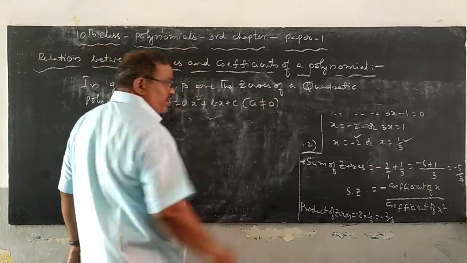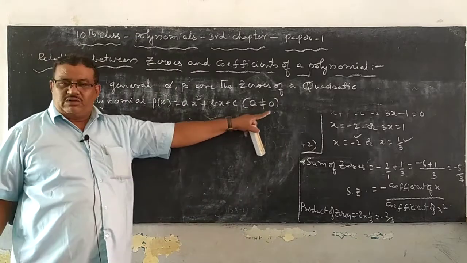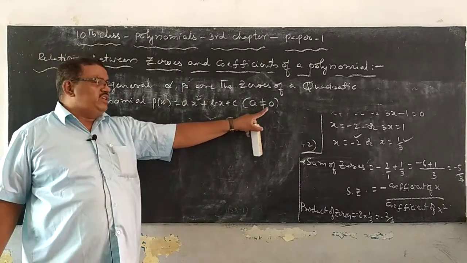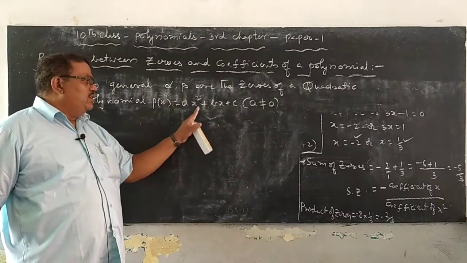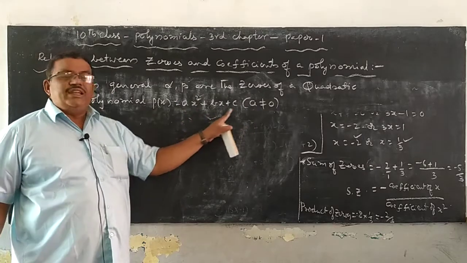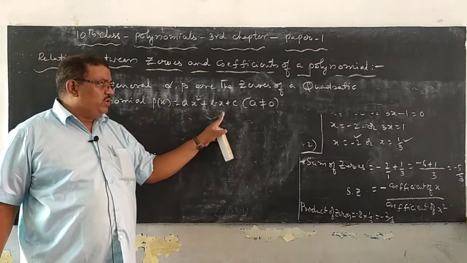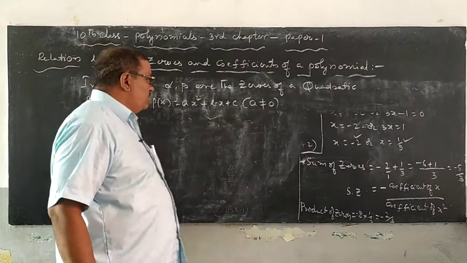This is very important. Coefficient of x square term not equal to 0. If coefficient of x square is equal to 0, this entire term is 0, it is a linear polynomial but not quadratic. So that a not equals to 0.